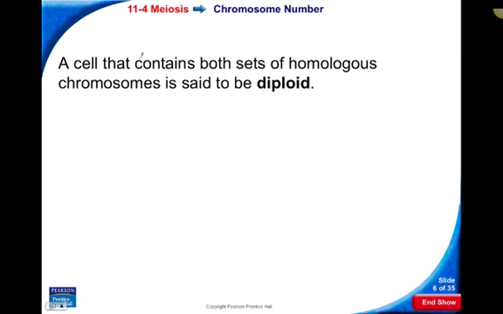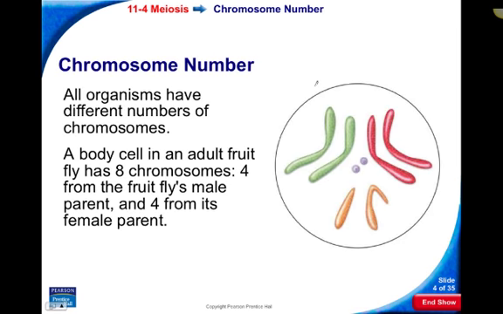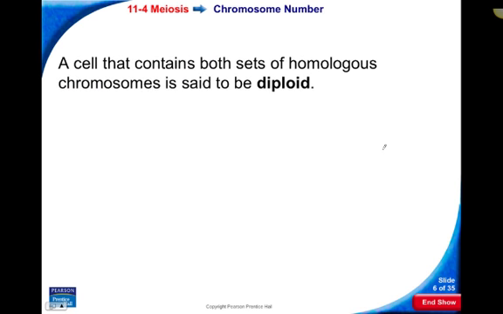A cell that contains both sets of homologous chromosomes is said to be diploid. So this contains both sets of chromosomes, so this is a diploid cell. If you remember, the prefix di means 2.